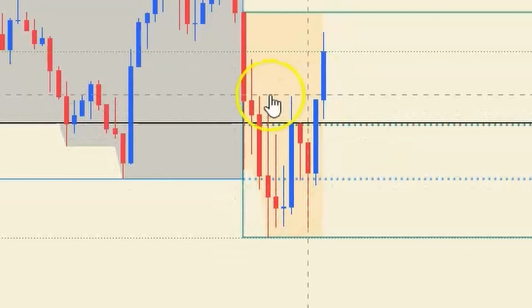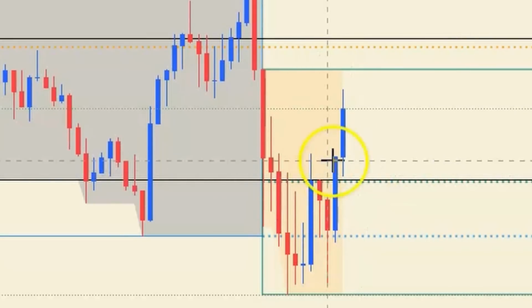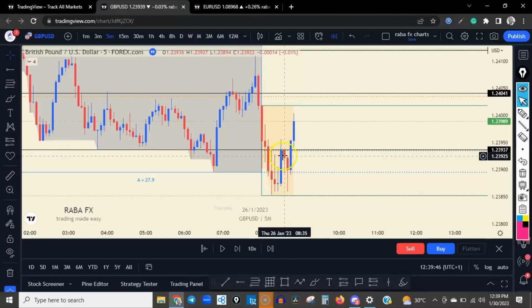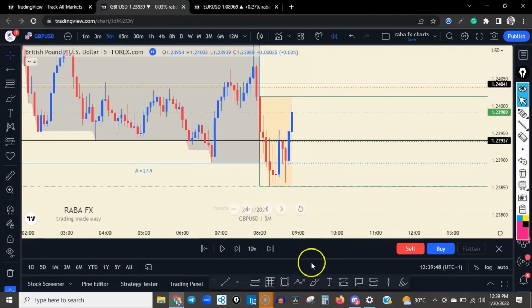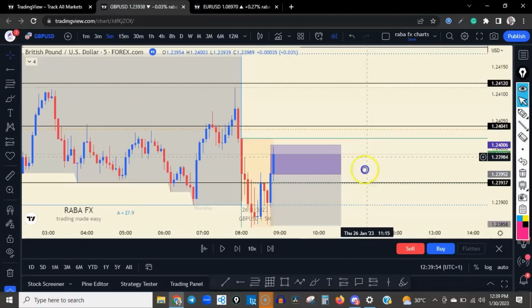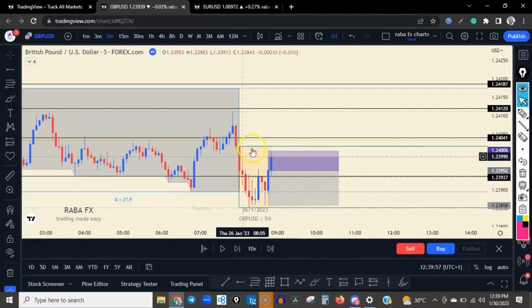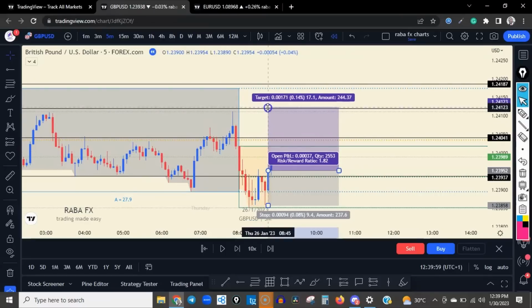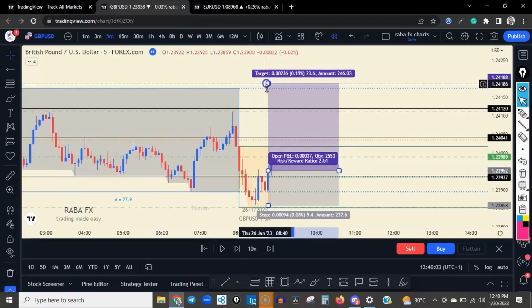So this might be a fake out, okay? So I want to see price close above this. The moment price closes above this, I will enter that trade for a buy. I'm going to put my stop loss here. Now in this case, because we have multiple levels, you can be taking partials along the way. So on this note, I will target this or this.